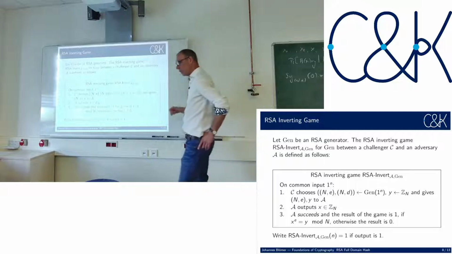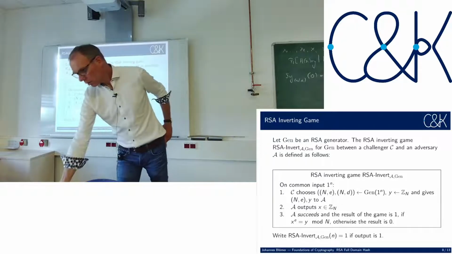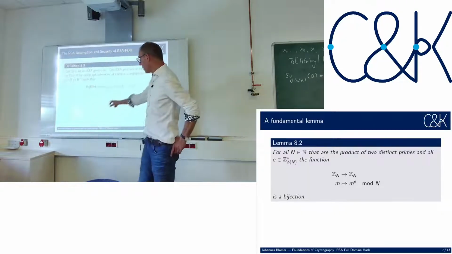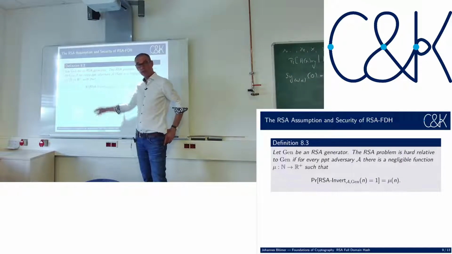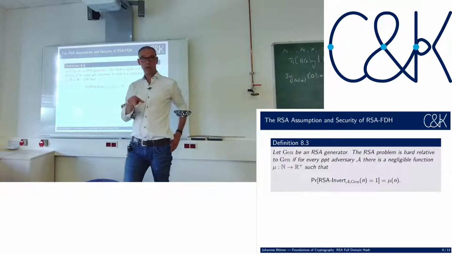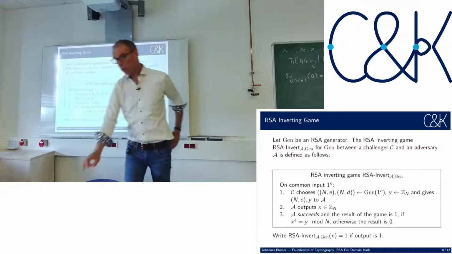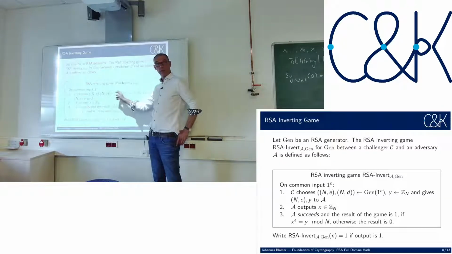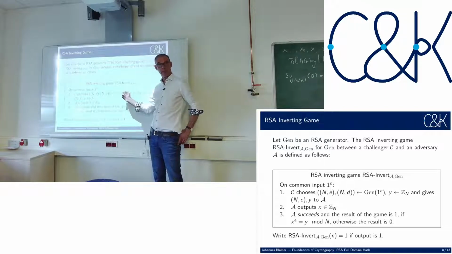The probability is over the complete randomness that's used in the game. And that randomness in particular includes the randomness in the definition of this key generation algorithm Gen.